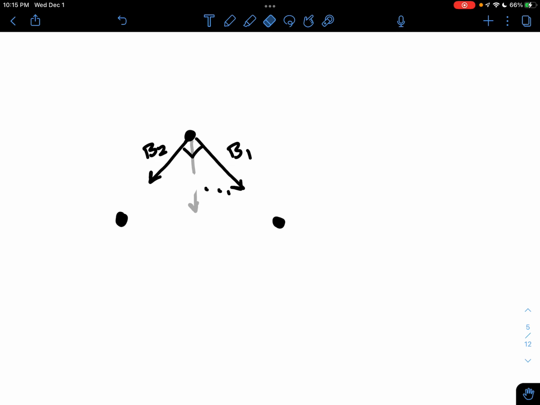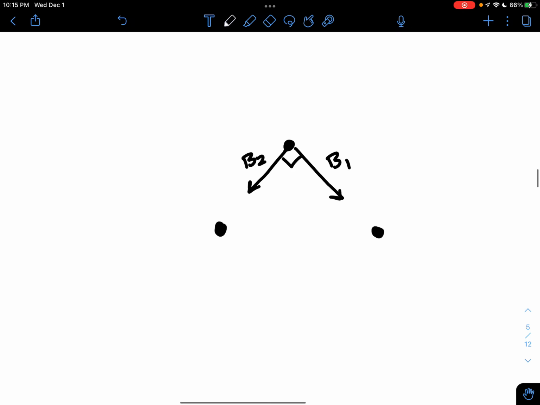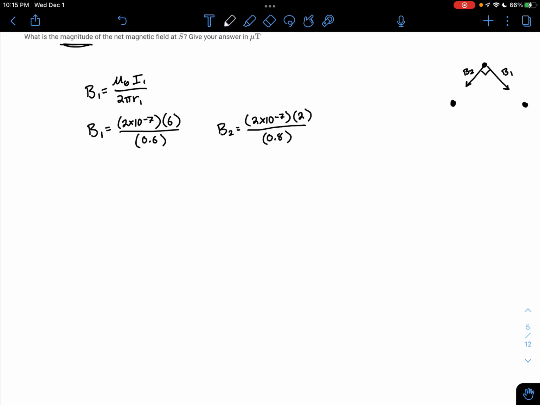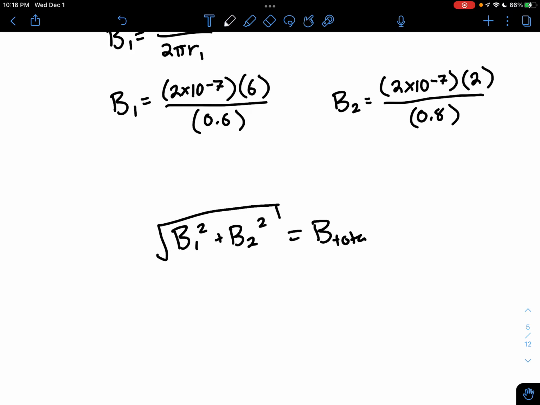So all we have to do is treat them like a right triangle, square them both and take the square root, and that's going to give us our magnitude. It's not going to give us a direction, but it's a lot easier than breaking each of them into components. So B1 squared plus B2 squared, take the square root, that gives you your B total.